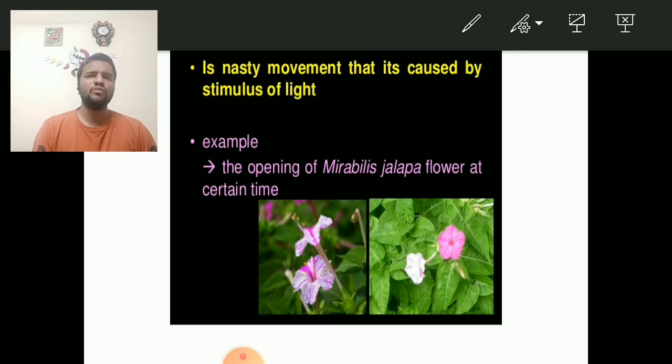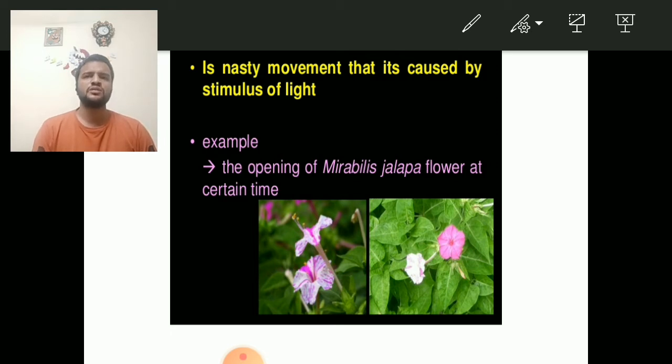So why is it during a particular time? It mainly depends on the intensity of light. So light plays the role of stimulus here, and based on that they show Nastic movements. But these Nastic movements are growth independent and non-directional movements. Please remember this. So this is about Nastic movements.